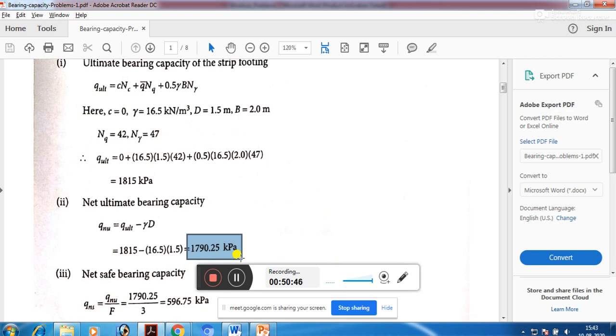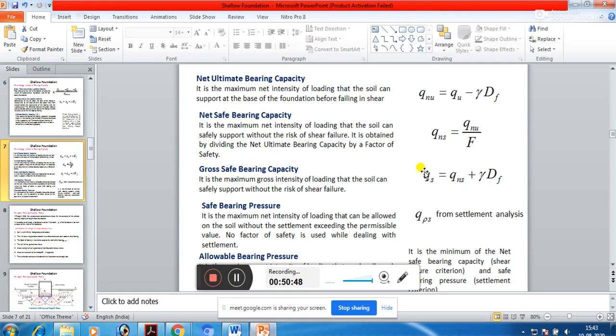Okay, now from the net ultimate bearing capacity, what you get? You want to get net safe bearing capacity. So net safe bearing capacity is what? Net ultimate bearing capacity divided by factor of safety.